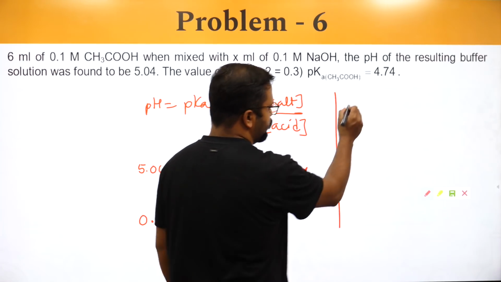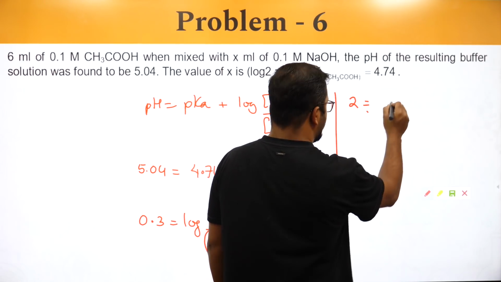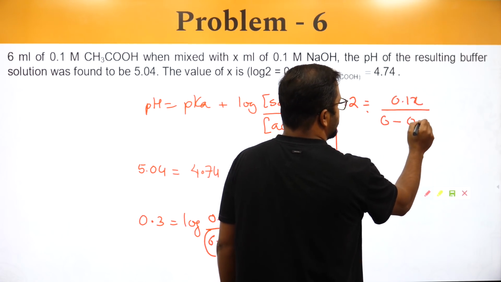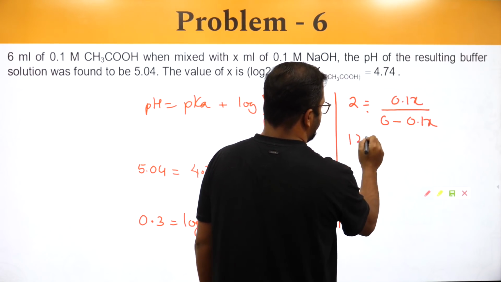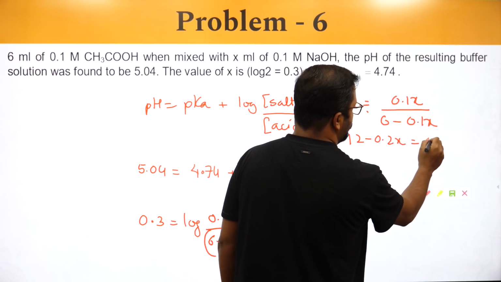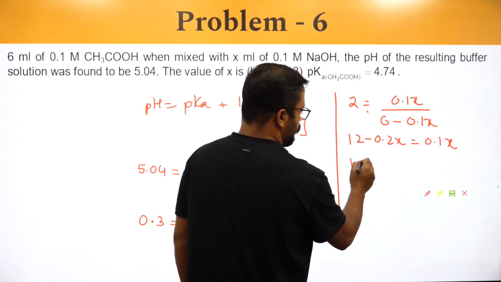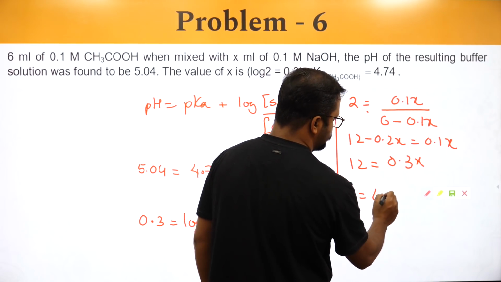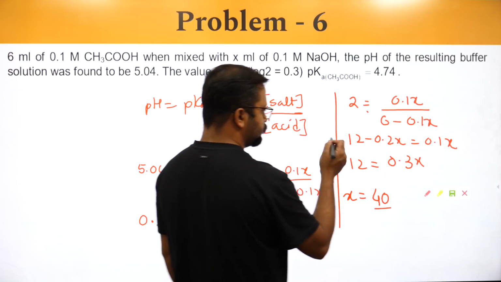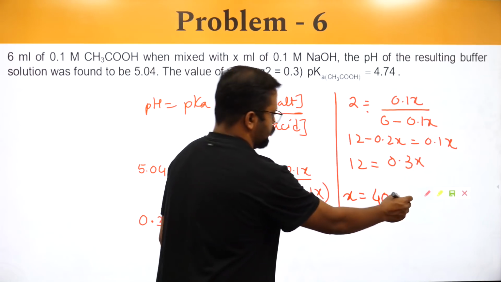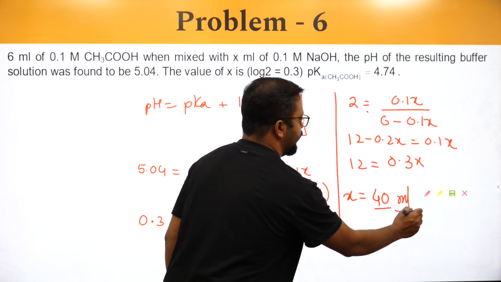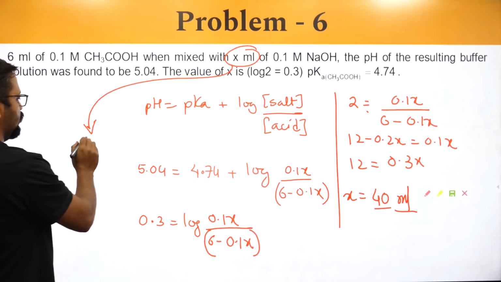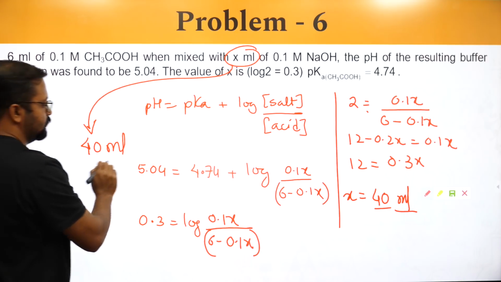So 2 is equal to 0.1x by 6 minus 0.1x, so that is 12 minus 0.2x is equal to 0.1x, or 12 is equal to 0.3x, or x will be equal to 40. So this will be your answer, 40 ml. This x will be equal to 40 ml.